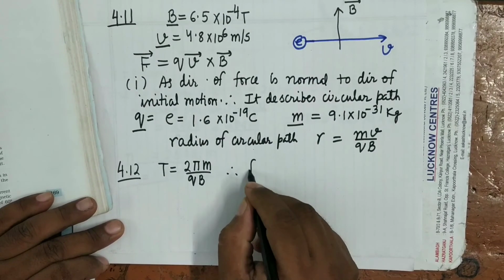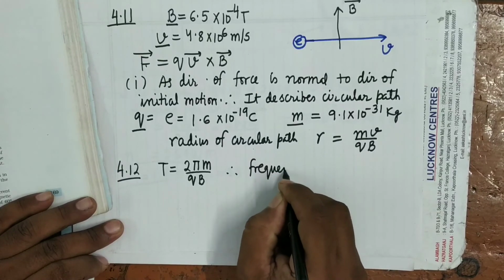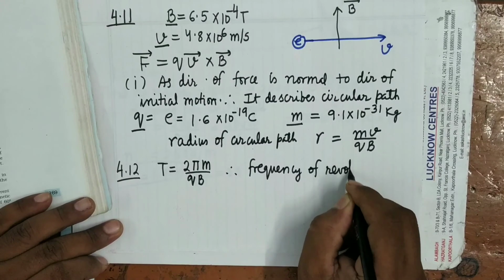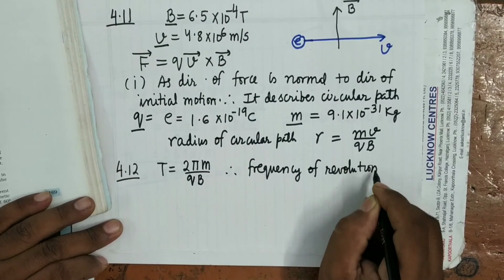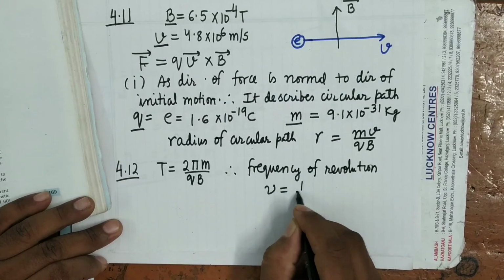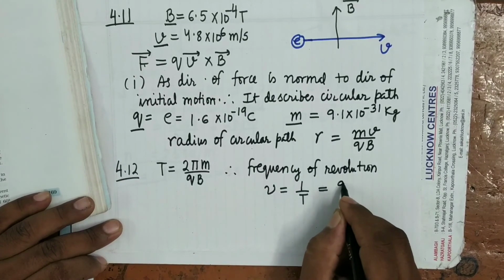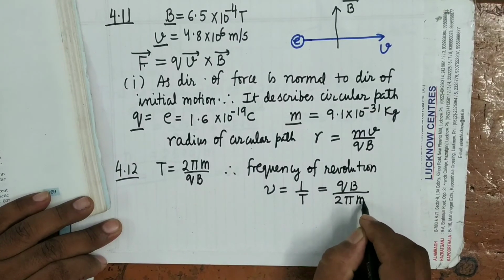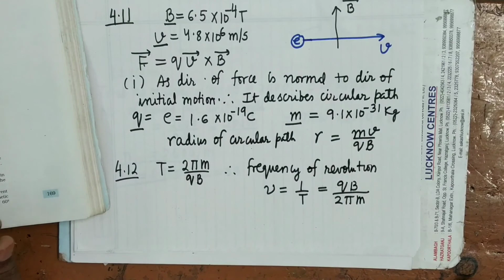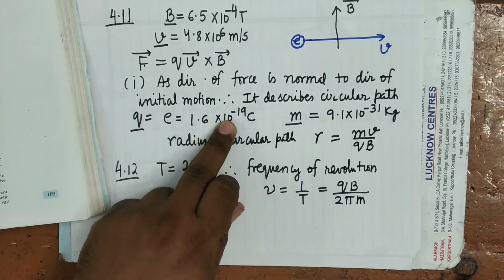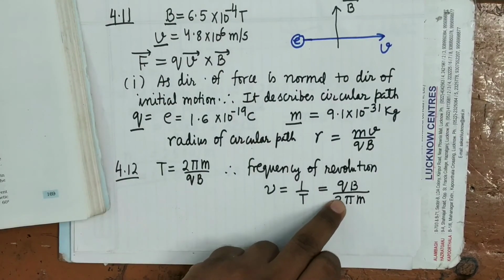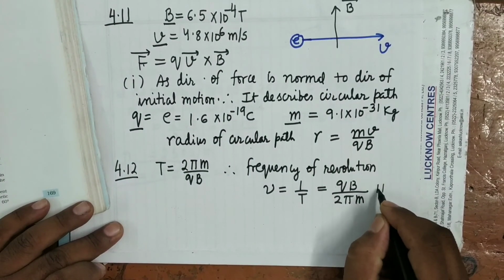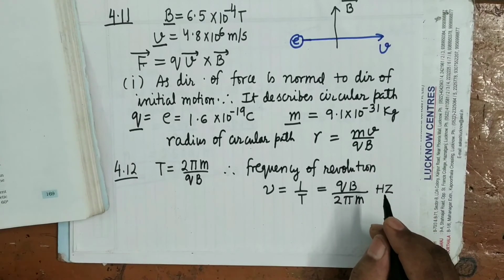Therefore, frequency of revolution nu will be equal to 1 upon T, that is qB upon 2 pi m. Everything is given, so you can calculate. Q is this, B is given here, 2 pi, you can substitute, m is given. So you can get the frequency of revolution in hertz.